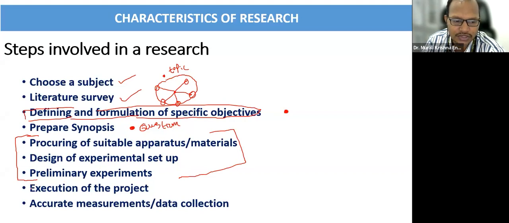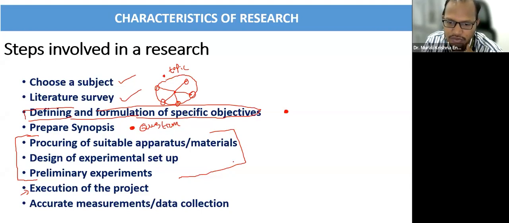And some execution of the project as well. Different methods you will get to know from the literature review. So can I enhance any of the methods to address this question? Different areas of research will have different kinds of setups.